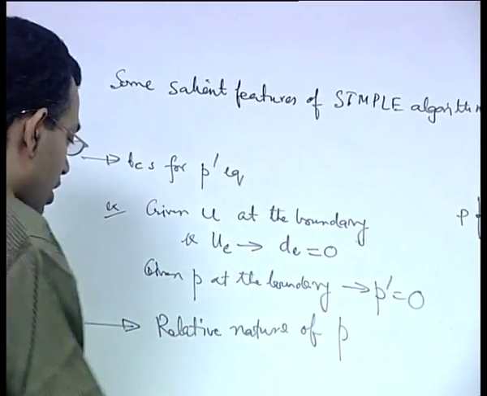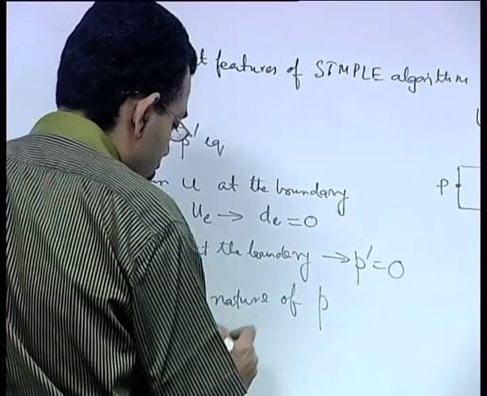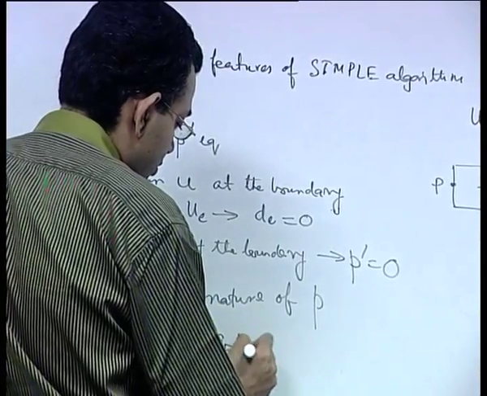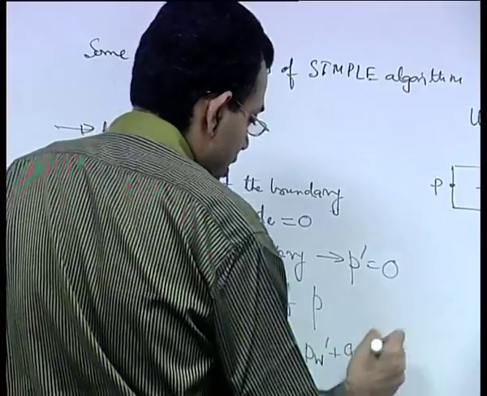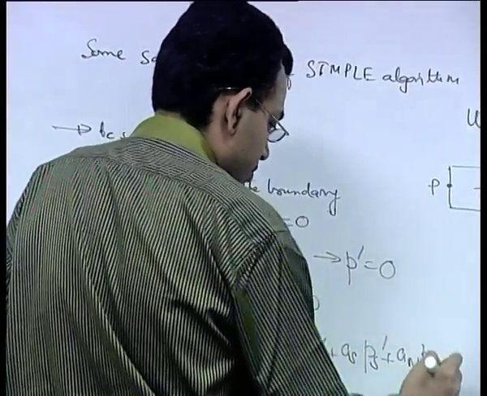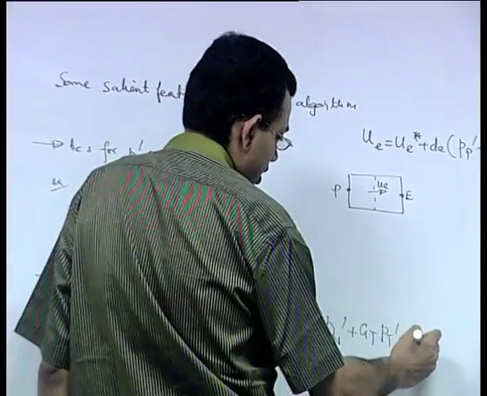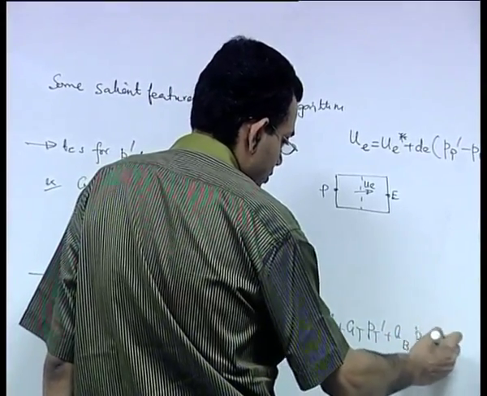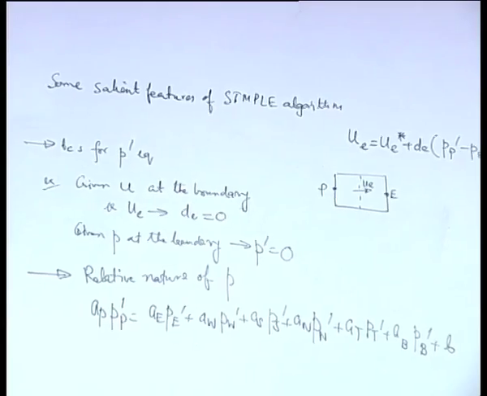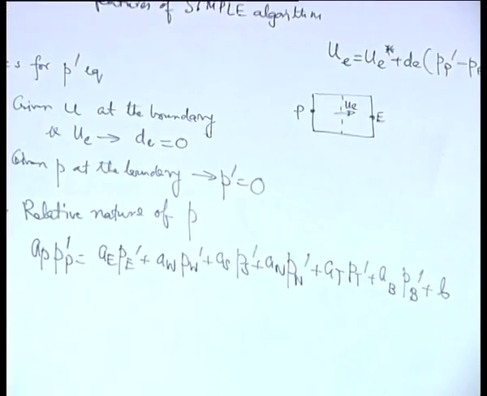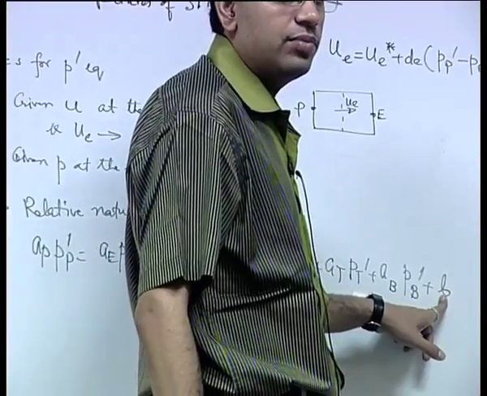So if you recall, the pressure correction equation is a_P P_P prime is equal to a_E P_E prime plus a_W P_W prime plus a_S P_S prime plus a_N P_N prime plus a_T P_T prime plus a_B P_B prime plus b, where b is the mass source term from the continuity equation.